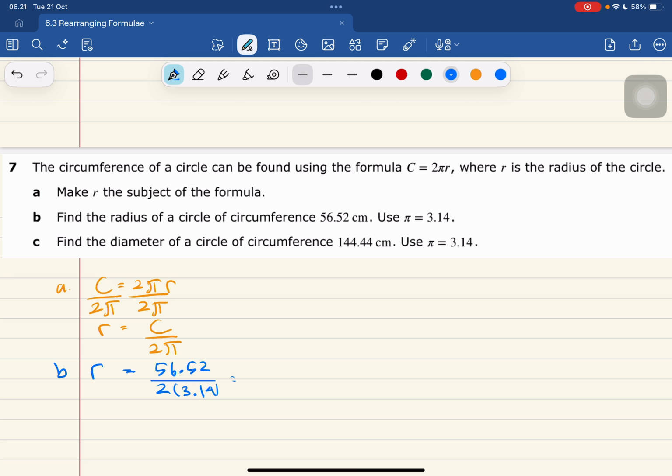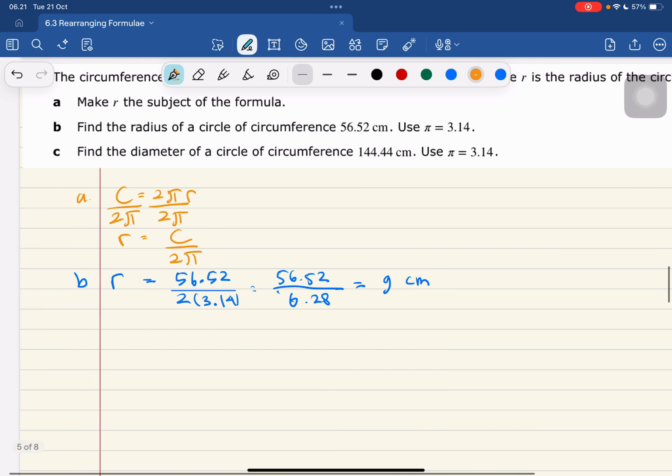Before we divide, we can multiply it first, like 2 times 3.14. This is 56.52, and this is 6.28. So we got 56.52, we divide by 6.28. Answer is going to be 9 centimeter.